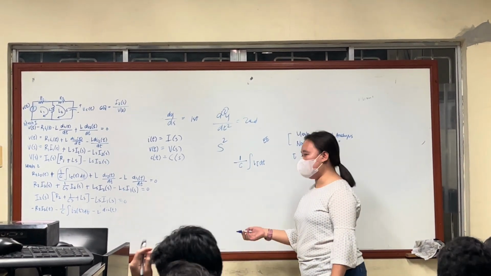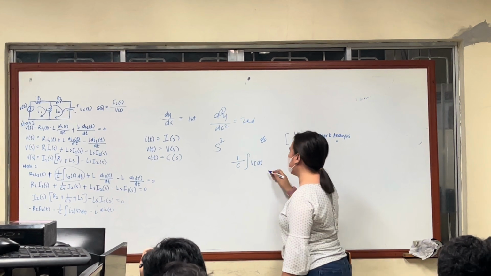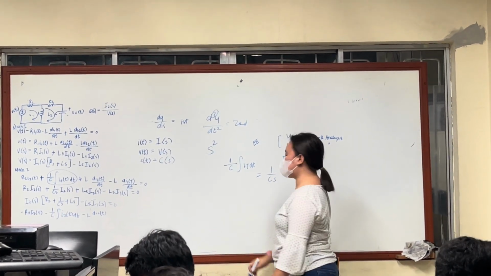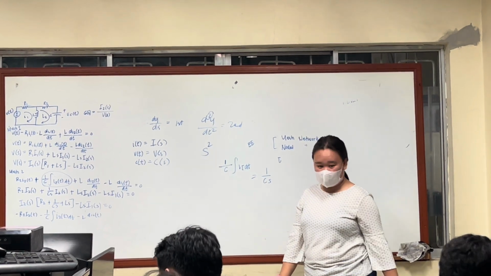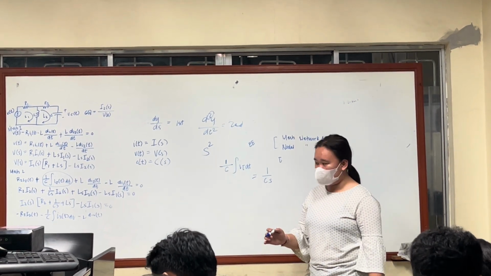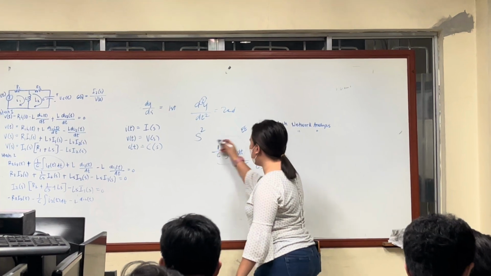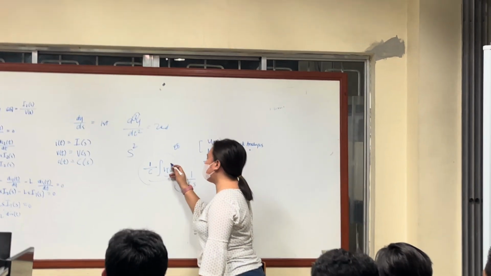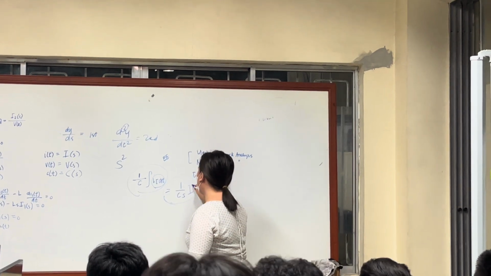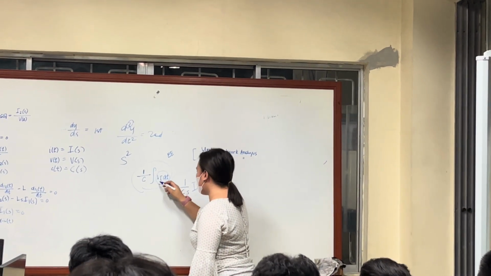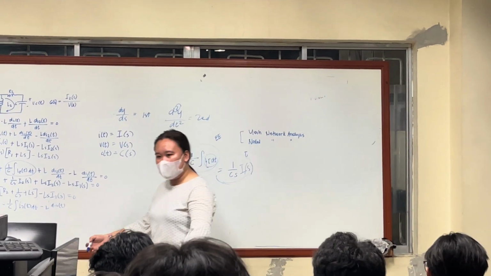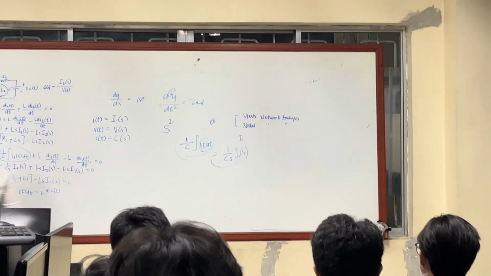That's the time. Okay? So this is equal to 1 over CS. For the capacitor, it's 1 over C integral of I, it's in the book. So 1 over CS. Then copy over I of S. For the one, for the two. If none, none. Okay, next.